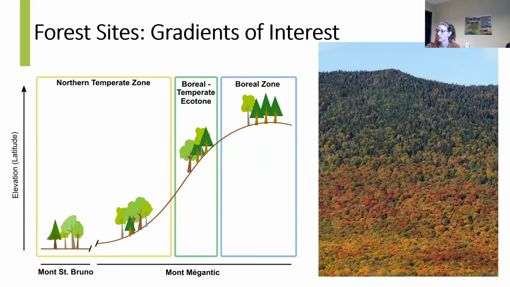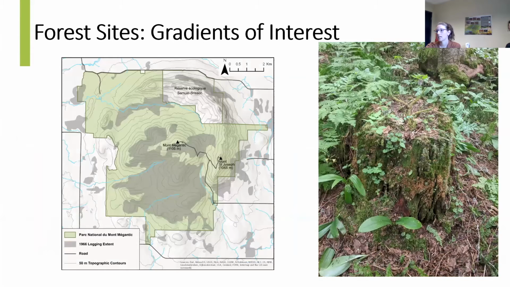Together, the vegetation is representative of the vegetation occurring across southern Quebec. In addition to the elevation gradient, there is a land use gradient. There's been a long history of logging at Parc National, or before it was a protected park, at Mont Mégantic, with large areas of the park getting logged in the 60s.